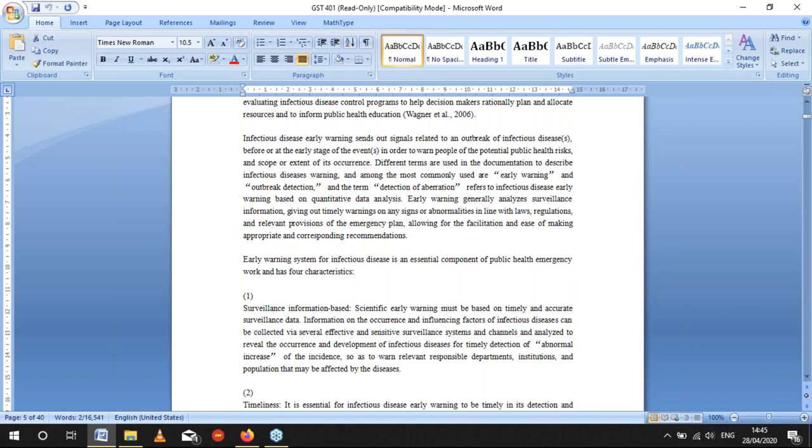It is an information given on a timely basis as against an outbreak of diseases. That is what we refer to as early warning.